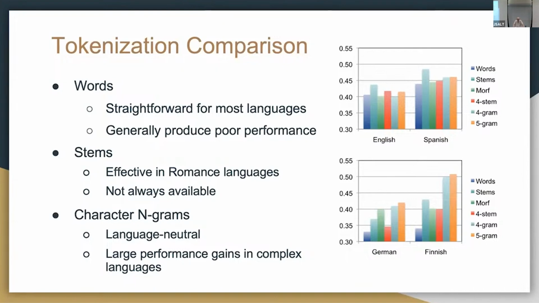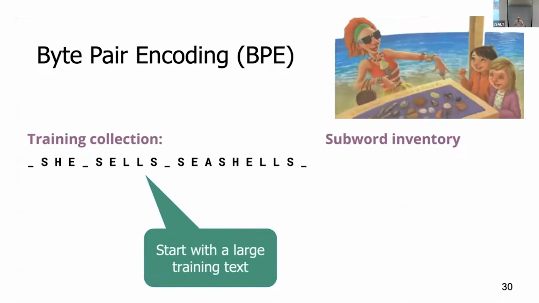English and Spanish maybe do a little better, but not a lot. But for morphologically complex languages like Finnish, you get a huge benefit out of it because the pieces of words are capturing that morphology where you don't have any information about the word as a whole. So subwords are a really powerful way of tokenizing.